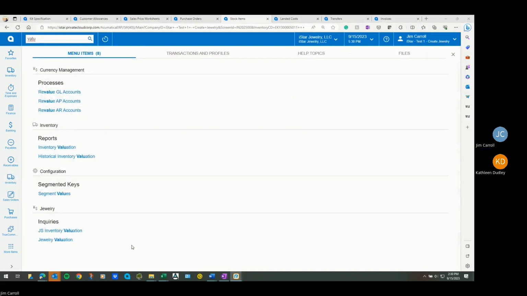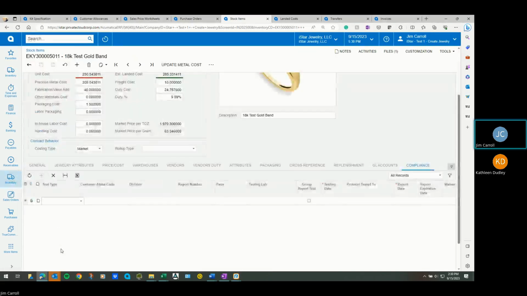And then the final thing is that we've got the jewelry valuation tab.